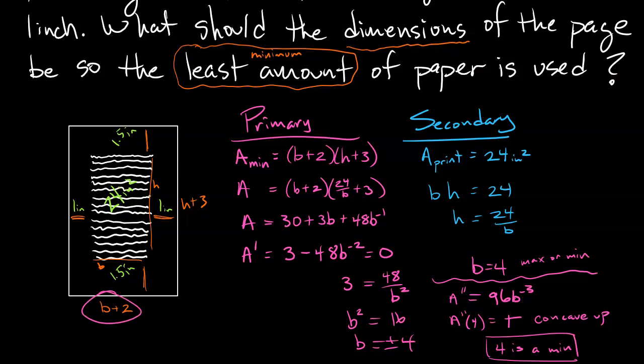Close. So H and B represent the size of the print. What I just found out, B is 4, would be the smallest size paper. So I'm going to have to use B plus 2 and H plus 3 to answer this question.